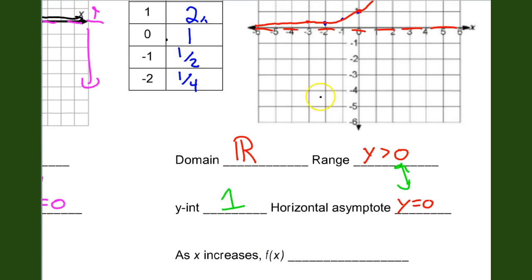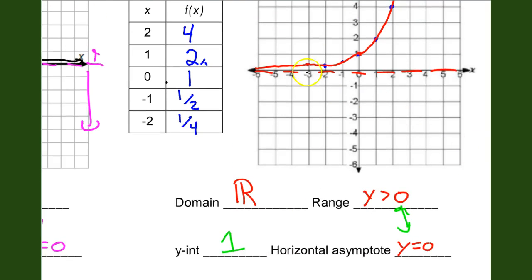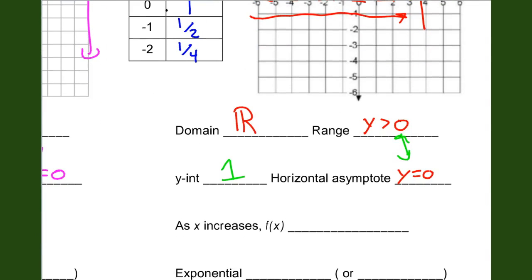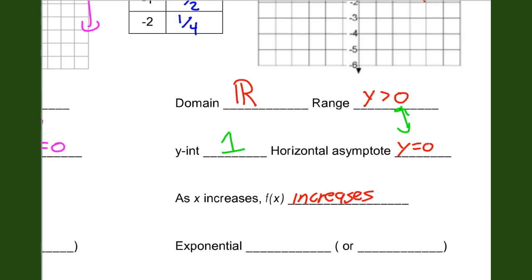This time, f of x, as x gets bigger, as we go from left to right, you can see the graph goes from small to big. It increases. So this is the opposite of the first one, which decreases.